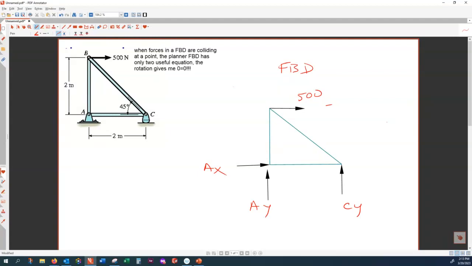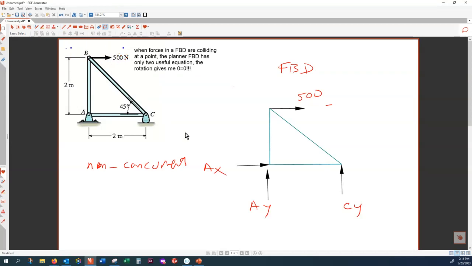Yes, well done. The reason you can solve 3 unknowns here is because the forces are not colliding at one single point. So this is non-concurrent. Here the forces do not collide at one single point, so in other words, this system has the capacity to rotate. When I do the method of joint, the free body diagram does not have capacity to rotate.